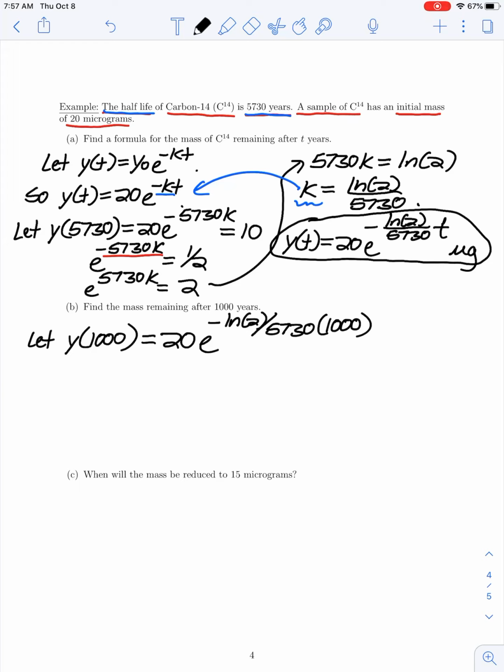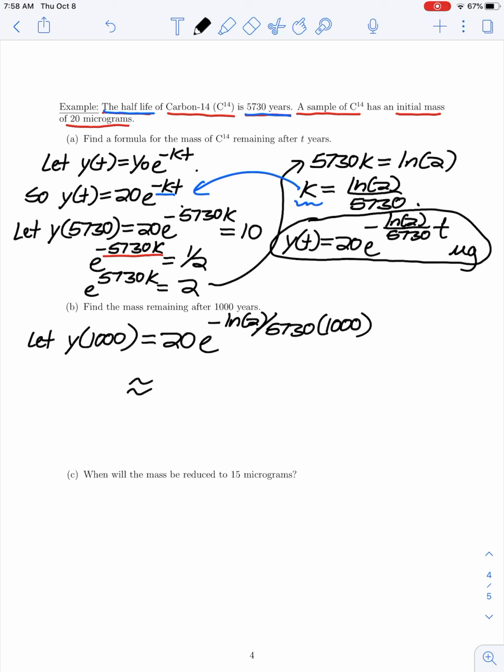Now, using a calculator to approximate this value, let's see what we have. So we would have our 1,000 over 5730 times the natural log of 2. And then we're taking the negative of that value and exponentiating that expression.